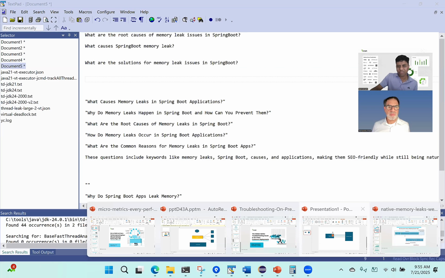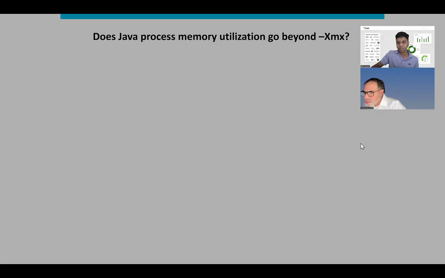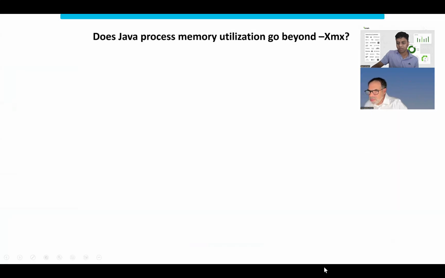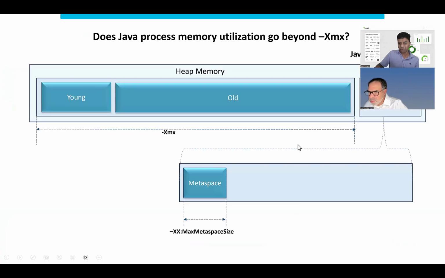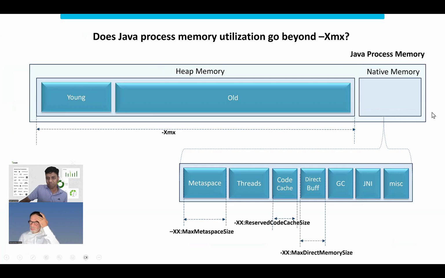Marwan explained it, but I'm just giving a visual representation of this. Our Java memory, for the attendees of our session, they're familiar. We have this Java process memory.